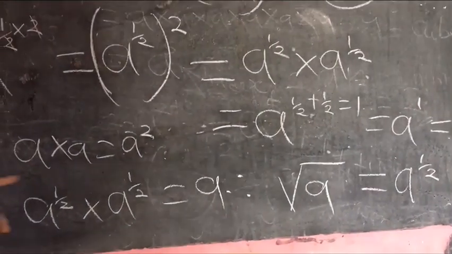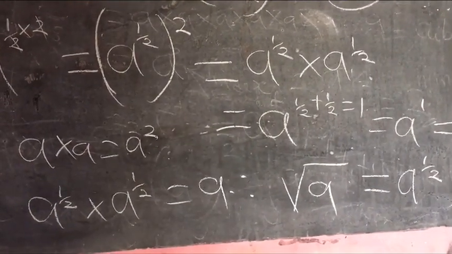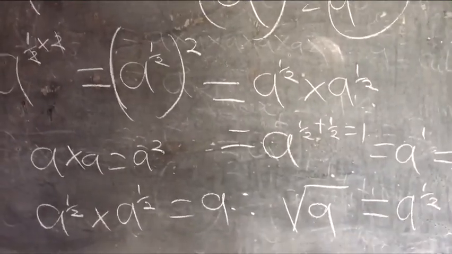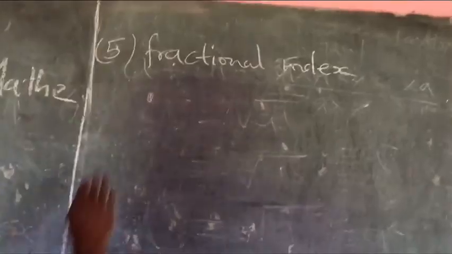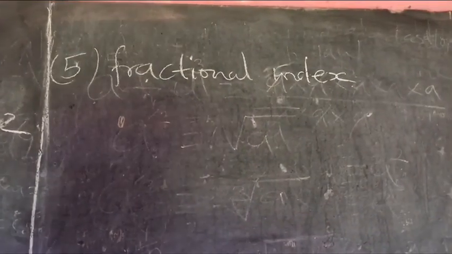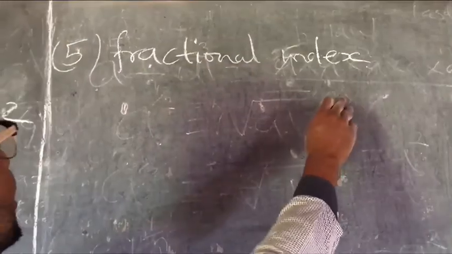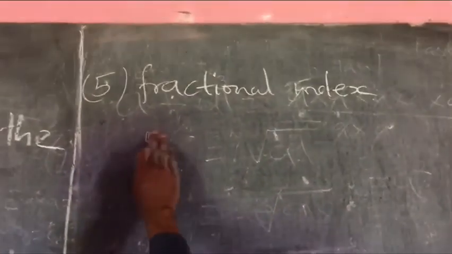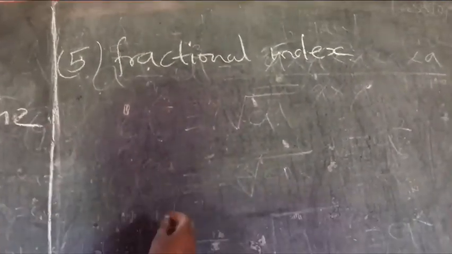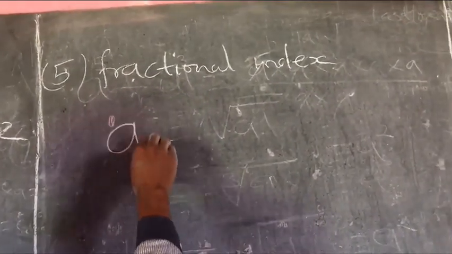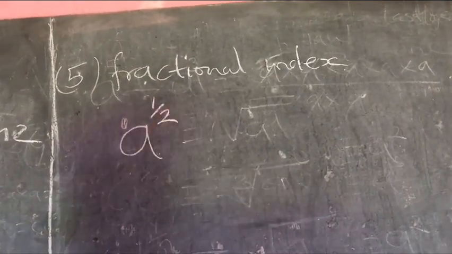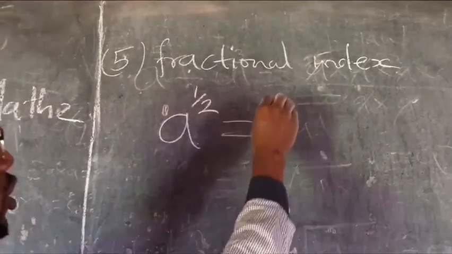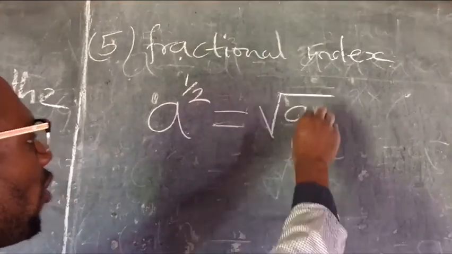So this one is the 5th law. This one is law number 5. From there, we get fractional indices, or fractional index. That's law number 5. So law number 5 says if I take a raised to power 1 over 2, I just take the square root of a.